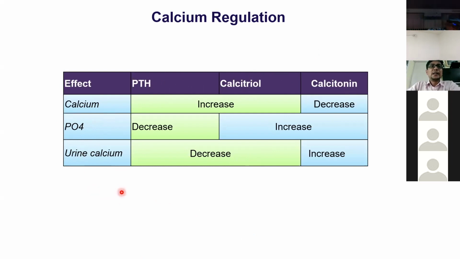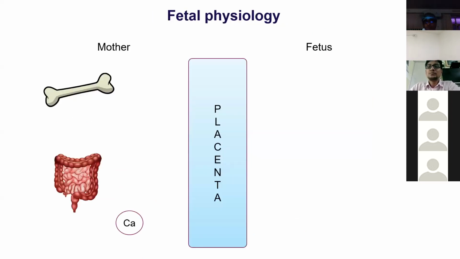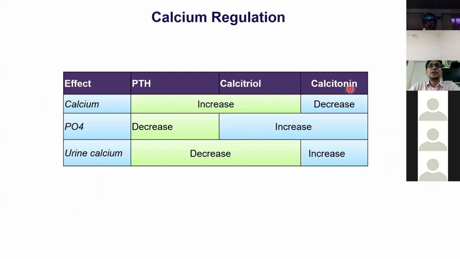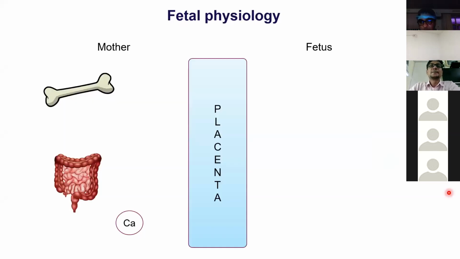Similarly, urine calcium is decreased by parathyroid hormone and calcitriol, while it is increased by calcitonin. But mind you, calcitonin plays a very little role in calcium homeostasis.